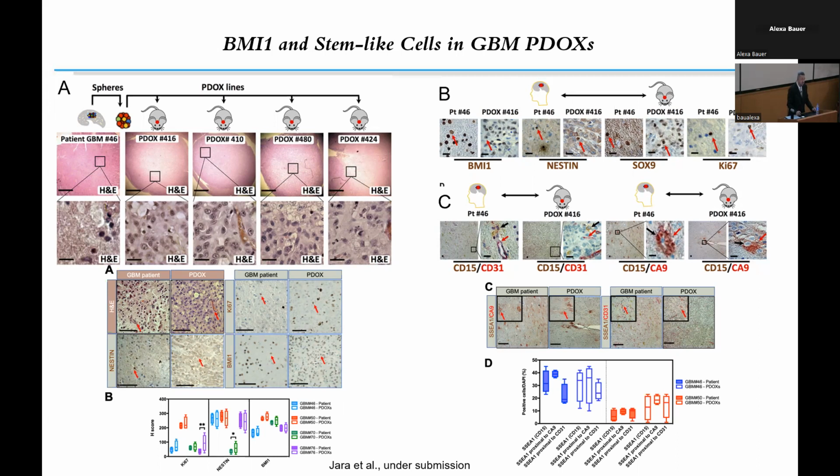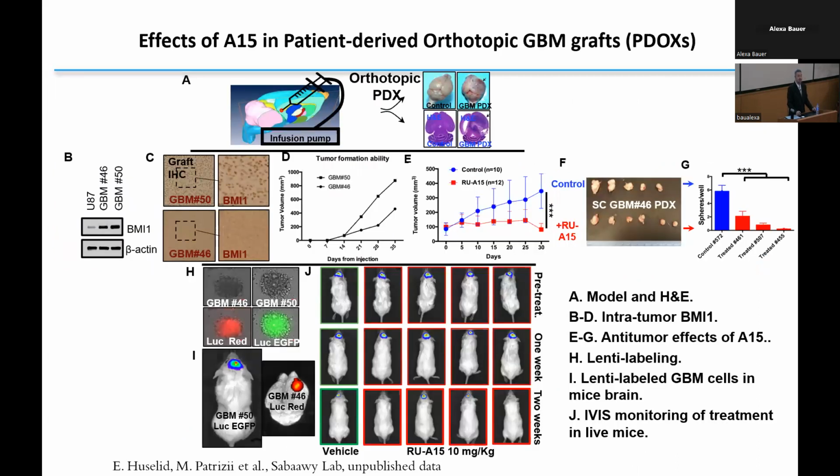And using these models now, we have assays, preliminary here and ongoing, using an orthotopic glioblastoma model where treatment with a BMI1 inhibitor as a single dose at 10 mg per kg could lead to modulation of these tumors, detected by IVIS luciferase in vivo.